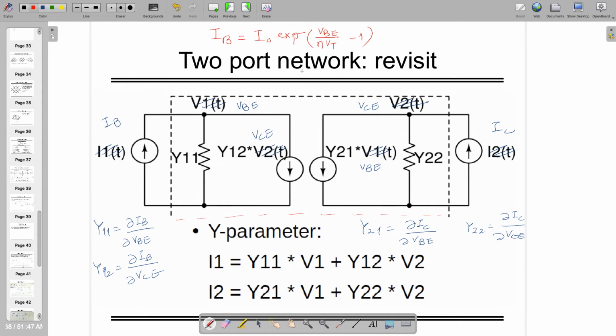Those who forgot the ID equation, this is the same equation which is used for the diode also. Right? Diode equation also. So who got the answer? This guy got the answer. So what is y1?